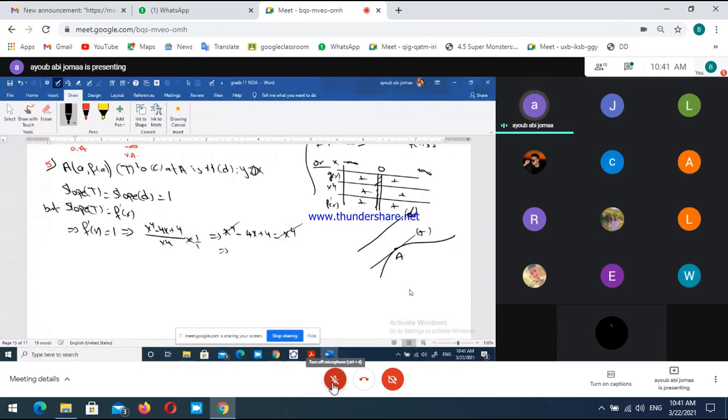We cancel, then negative 4x is equal to negative 4, and then x equals 1. So here x of A is equal to 1. But what about y of A? We find the coordinates, x and y. Here we found x. We still have to find y. What do we do for y? How to find y?